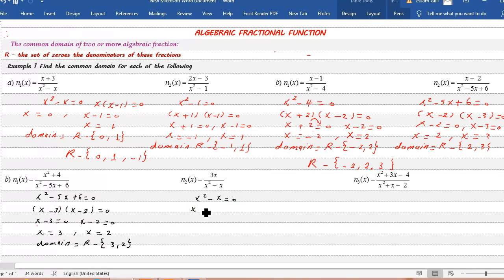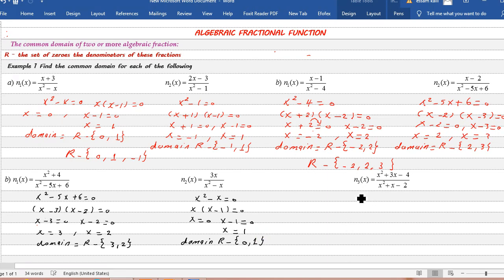Take x as a common factor. Then x² divided by x equals x, and x divided by x equals 1, so x times (x minus 1) equals 0. Then x equals 0 and x minus 1 equals 0. Move negative 1 to the other side, so it becomes 1. Then the domain equals R different 0 and 1.